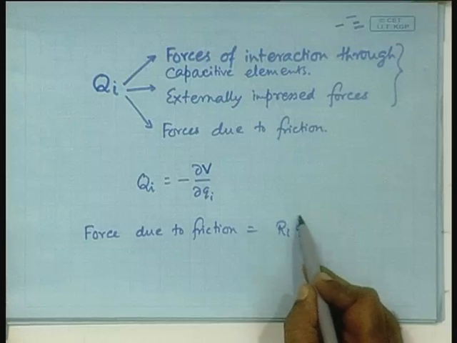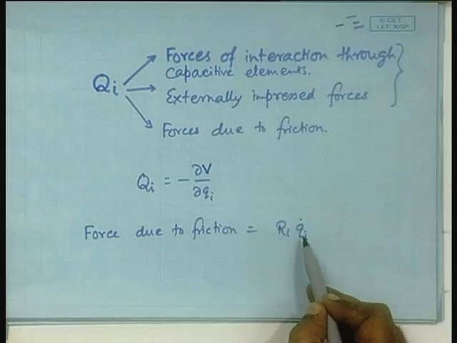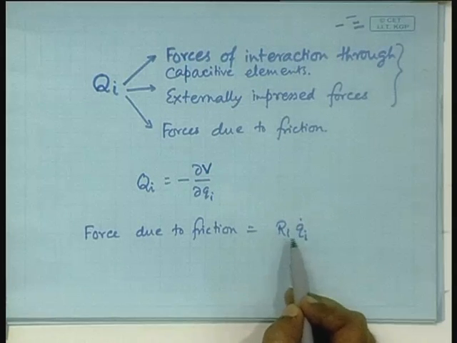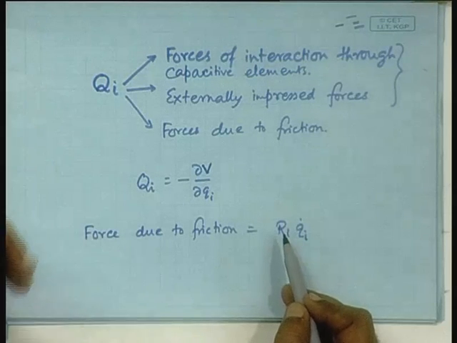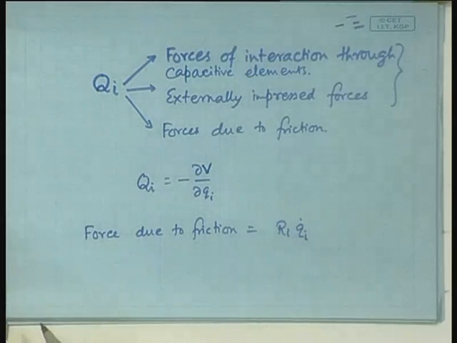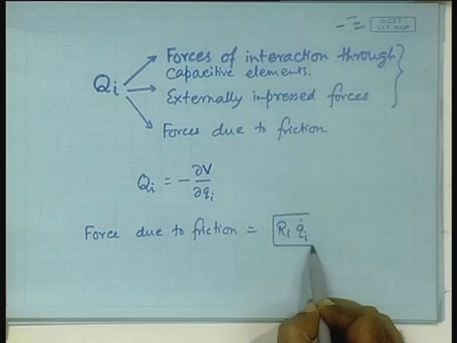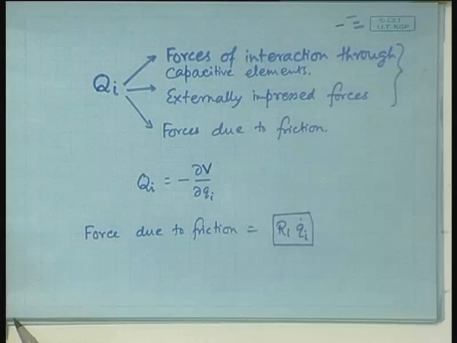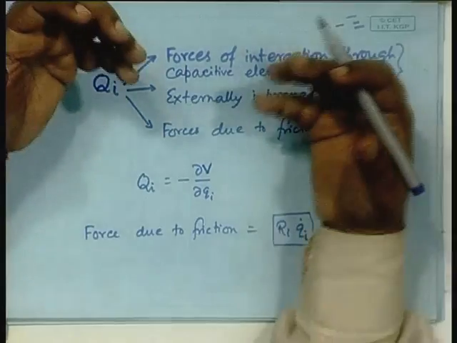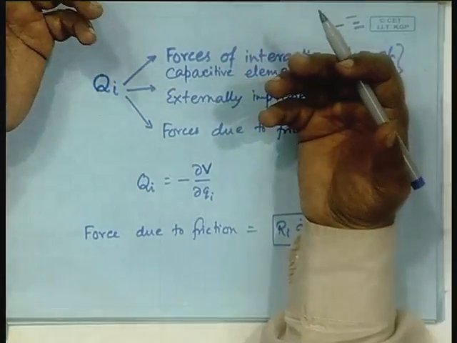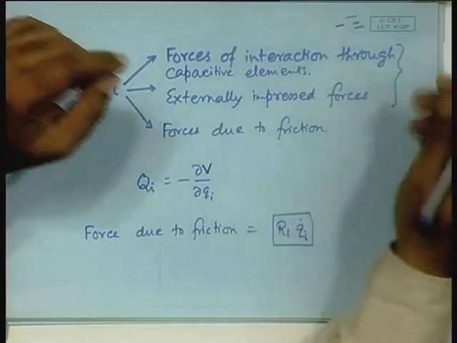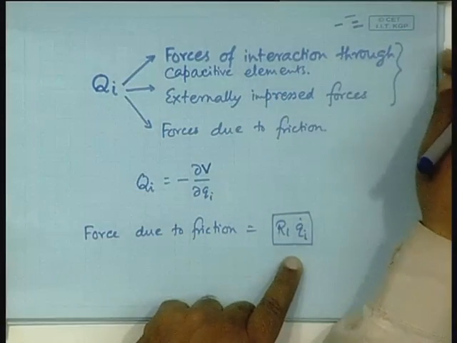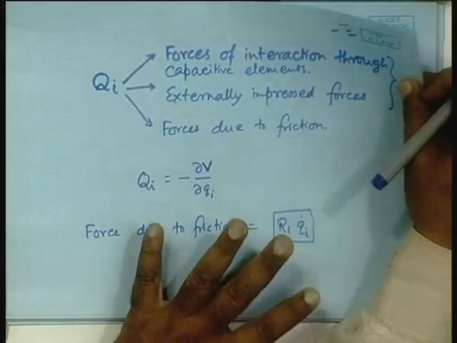In that direction the velocity is q_i dot, and on that we have to multiply the frictional coefficient. So, this is the expression. Obviously, that cannot be obtained like this, but we have already seen there are many advantages of the Lagrangian formalism which we do not want to give up. So, somehow we want to include this into the Lagrangian formalism.